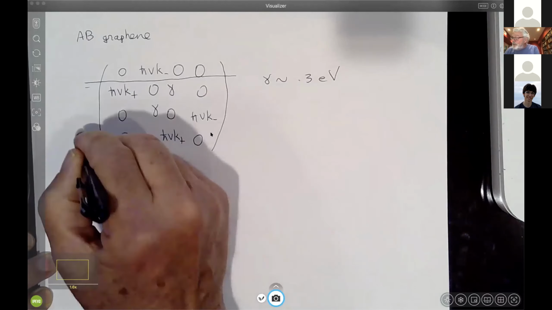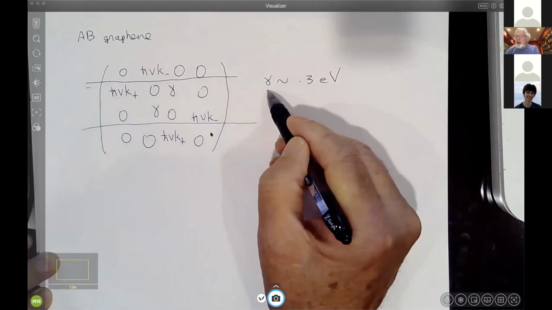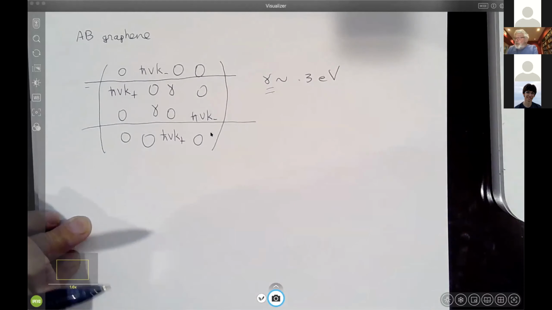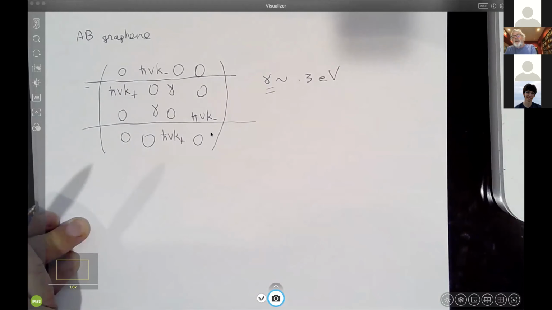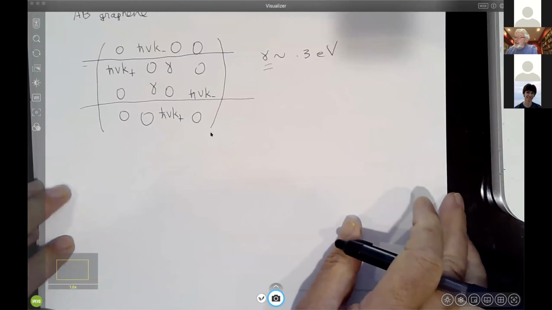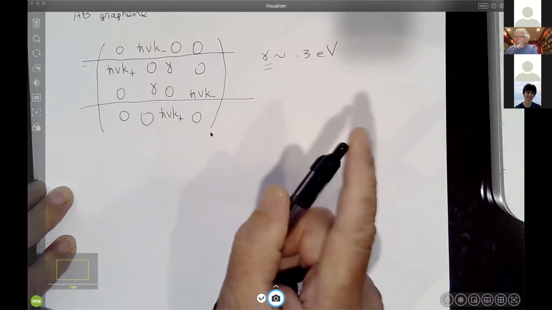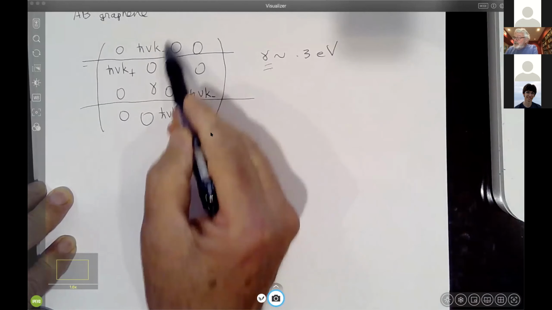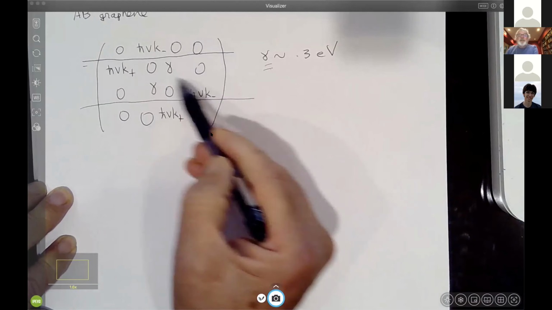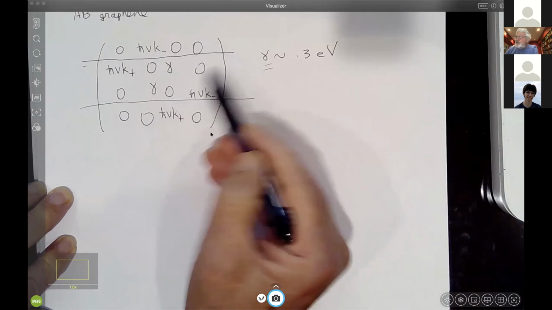So when we come to magic angle twisted bilayer graphene, this energy scale will also appear as the energy scale associated with electrons tunneling back and forth between the two layers. But in AB Bernal graphene, the sublattice dependent tunneling between the two layers is position independent and has this form.